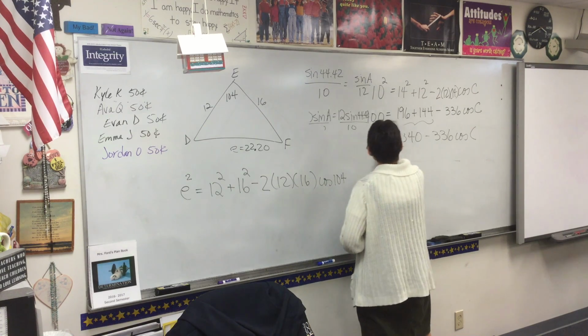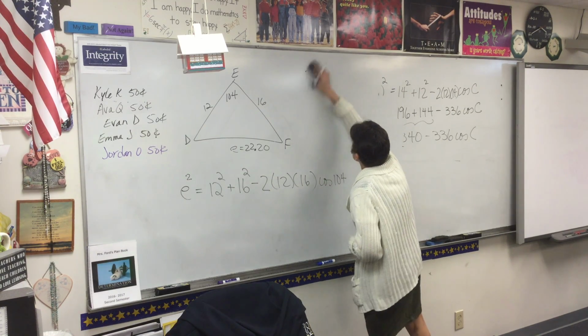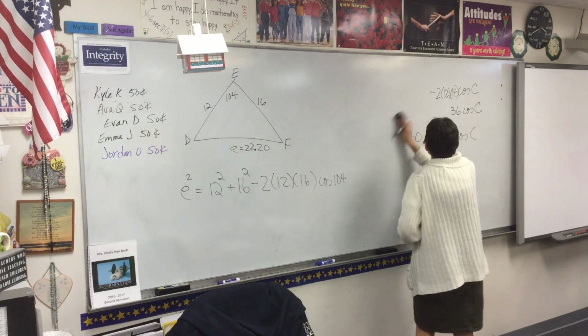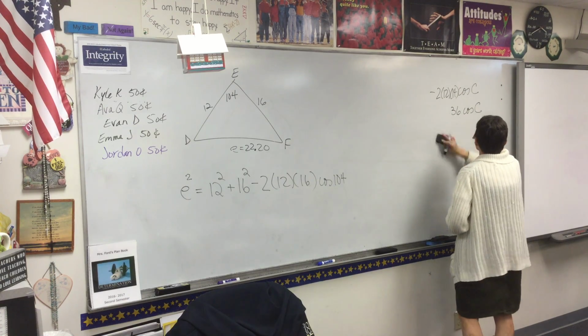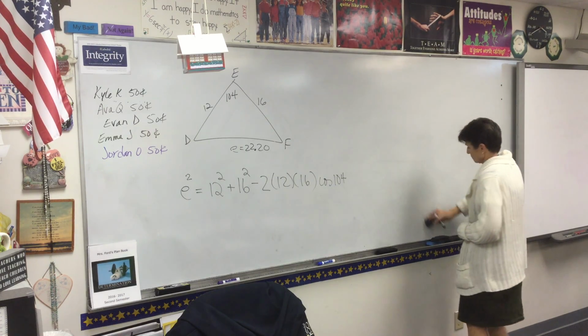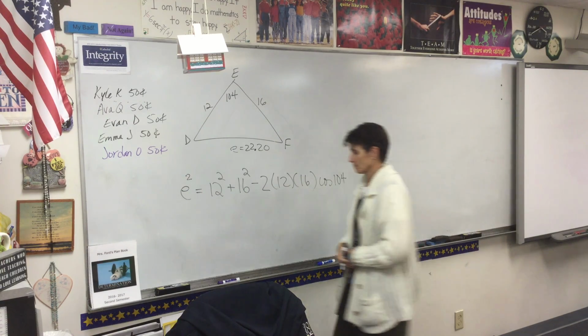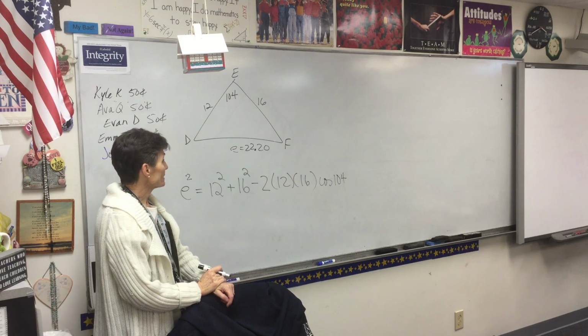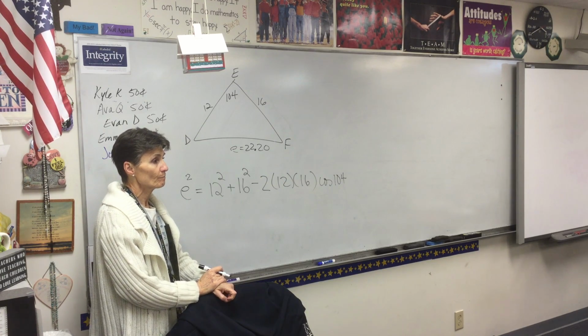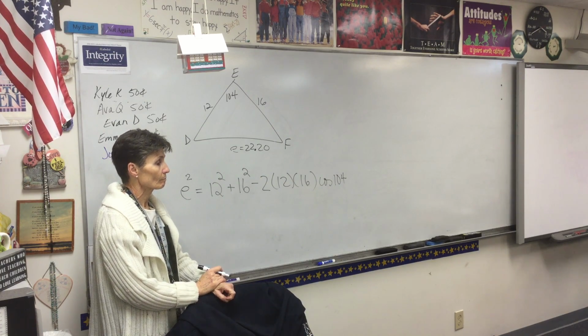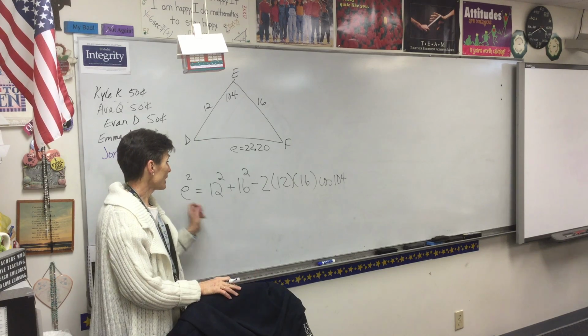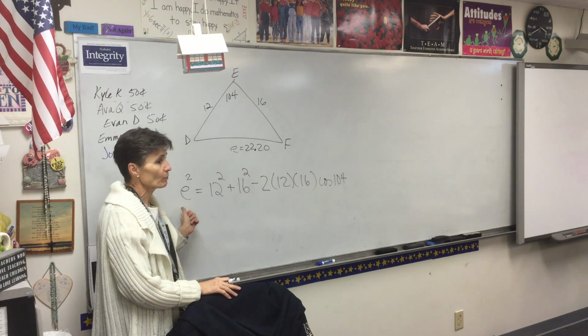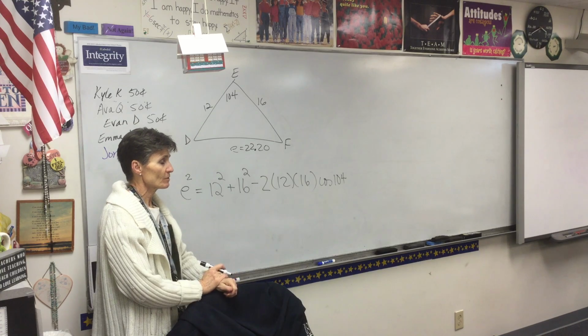Because we need to get that number right. Okay, everybody's got 22.20? Don't forget, when you type all that in, you have to square root it. You have to square root it.